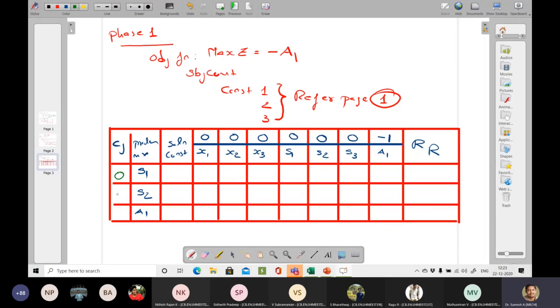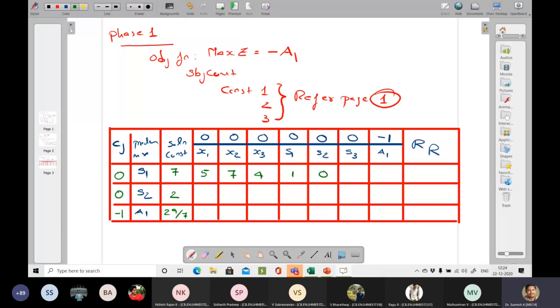From here I am writing the solution constant, the RHS of your equation: 7, 2, and 29 by 7. The first constraint is 5, 7, 4, 1, 0, 0, and 0.